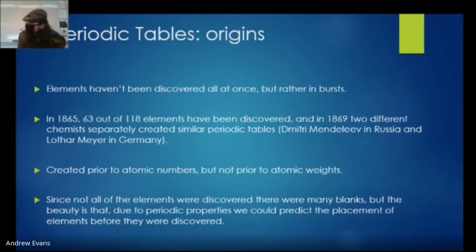Then we get things like atomic spectroscopy, which allowed us to differentiate different elements and be like, oh, that new rock you dug out of the ground, that's just iron in a different form. Oh, no, that rock has a new element that we've never seen before. You've discovered a new element.